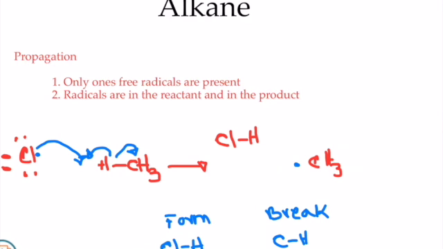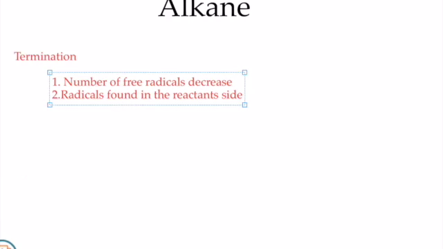As you can see, after the bonds are broken and bonds are formed, you will notice that you have one radical on one side and the other radical is on the product side. You will have an equal amount of radicals on each side. That is simply propagation.